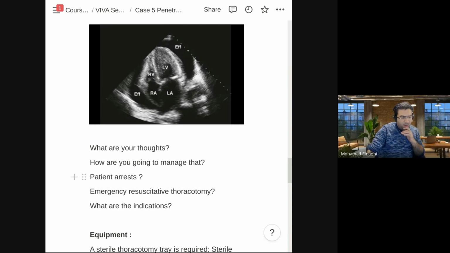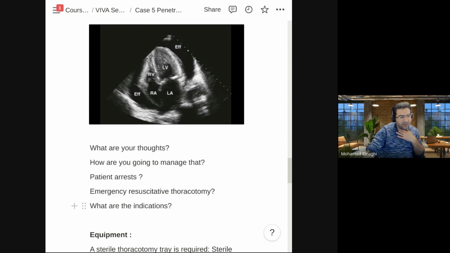Yes. With unwitnessed, it's difficult to know when the patient arrested, so it's difficult to judge, and the patient may already be dead. There are some indications for blunt cardiac injury, but the success from emergency resuscitative thoracotomy for blunt cardiac injury is not as good as for penetrating injury, so the indication in blunt cardiac injury is more limited.